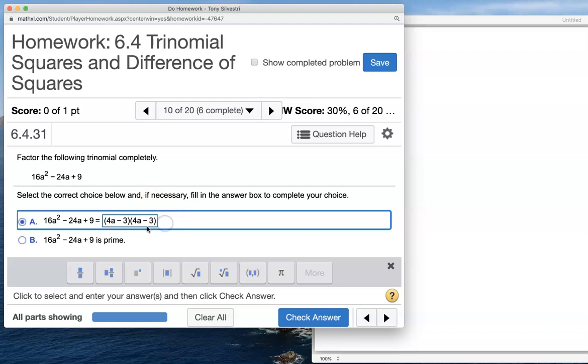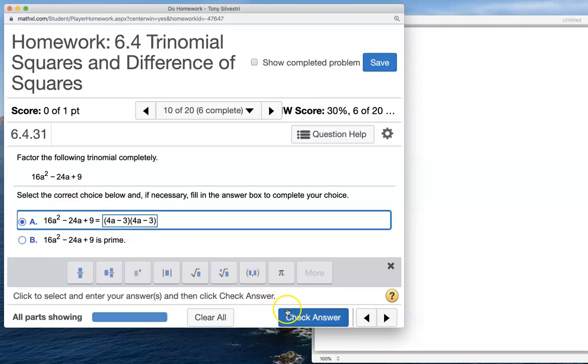Now, is that going to be the answer? It is going to be the answer. Just do a FOIL. Certainly we'll have the 16a squared and the 9, but what about the middle term? The middle term is the combination of the outer, negative 12a, and the inner, another negative 12a, to give you negative 24a.